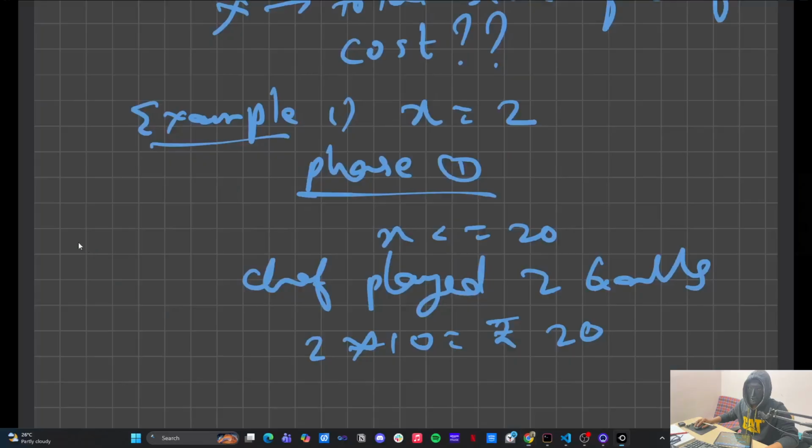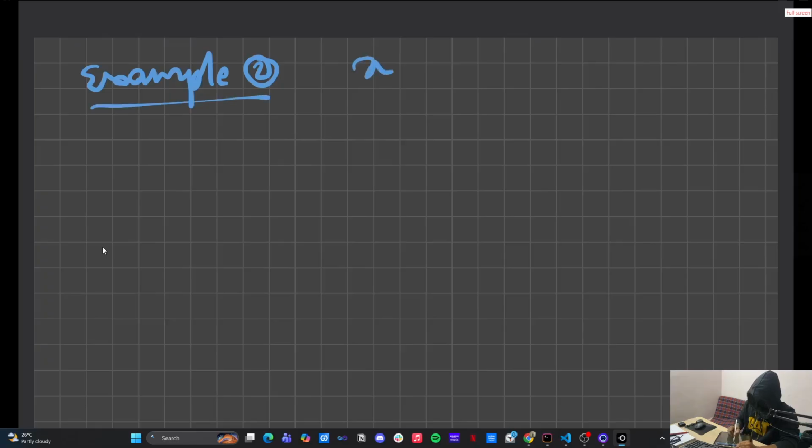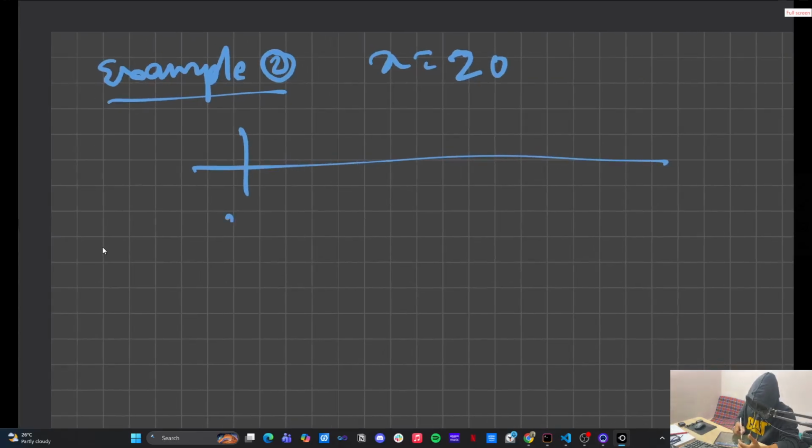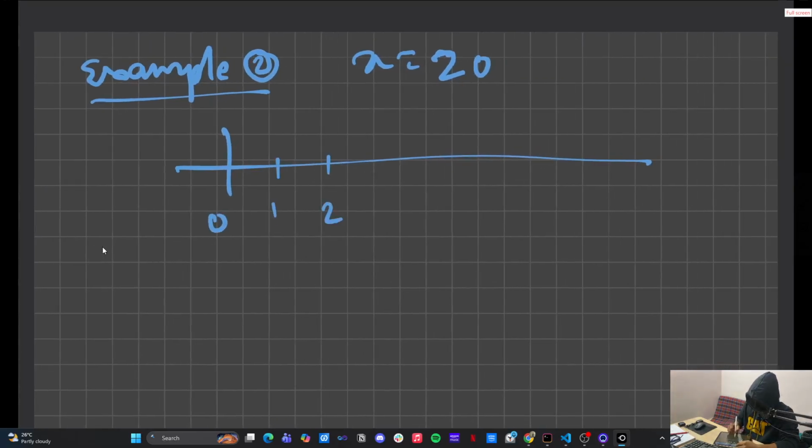Now let's see the second example, where we have 20. The score of the Chef is 20. If you see it on a number line, this is one ball, this is the second ball, and so on till the 20th ball. The score of the Chef will be 1 on each ball.